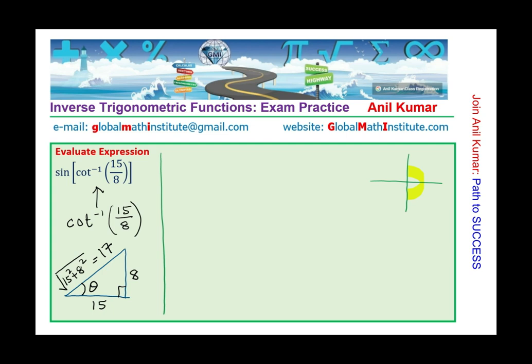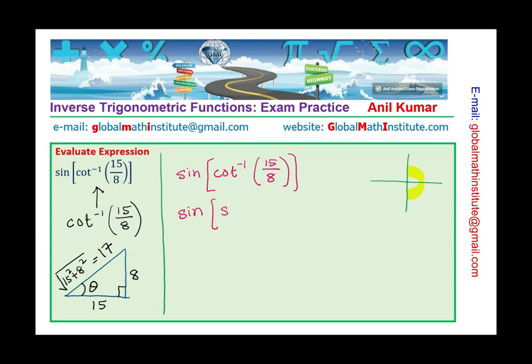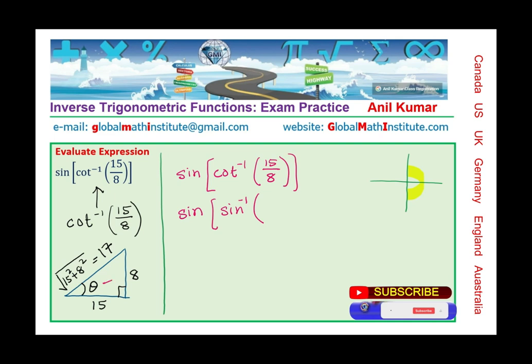So we can now write down the answer that sine of cot inverse 15 by 8 is the same as sine of sine inverse of what? Sine is the ratio of opposite to hypotenuse, right? 8 over 17.